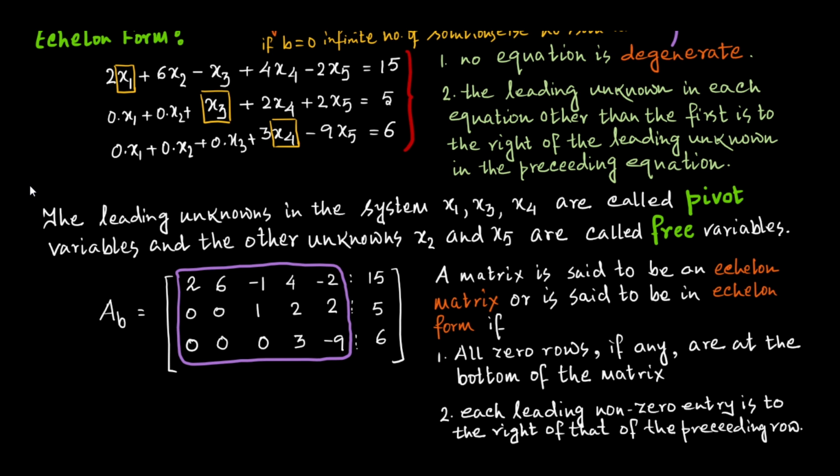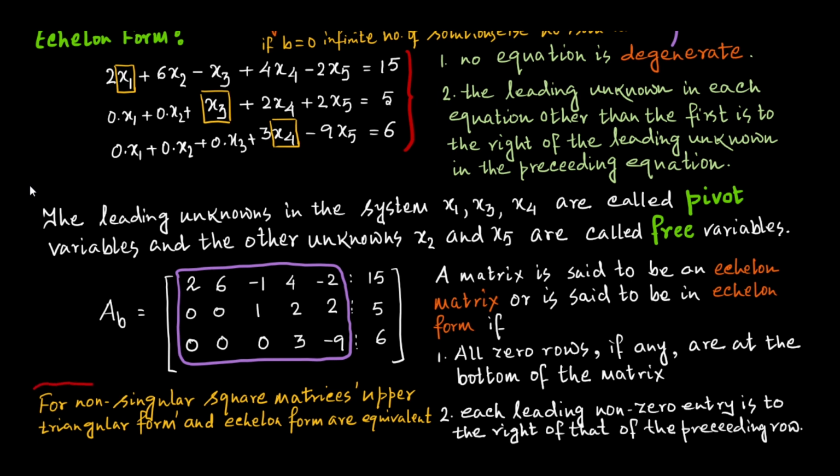As per this definition, the coefficient matrix in the augmented matrix is an echelon matrix. So if you have a system of linear simultaneous equations in echelon form, then the coefficient matrix will be an echelon matrix. For a non-singular square matrix, upper triangular form and echelon form are equivalent.